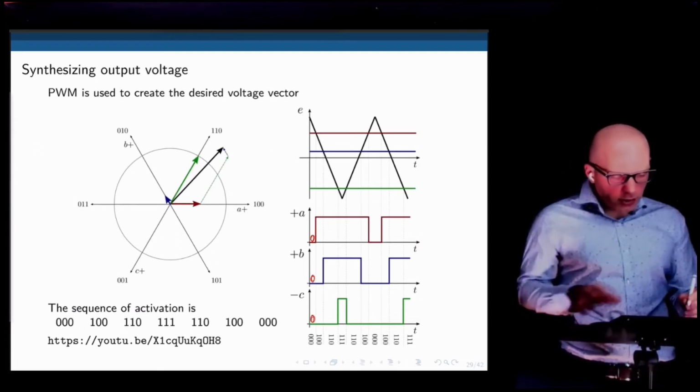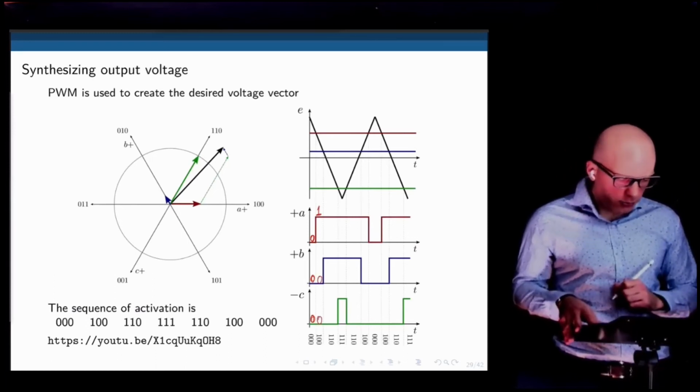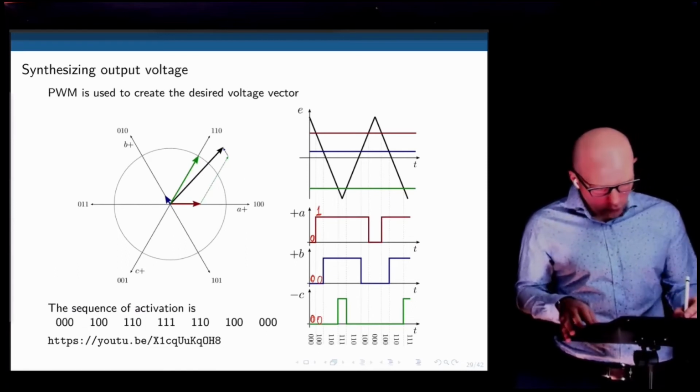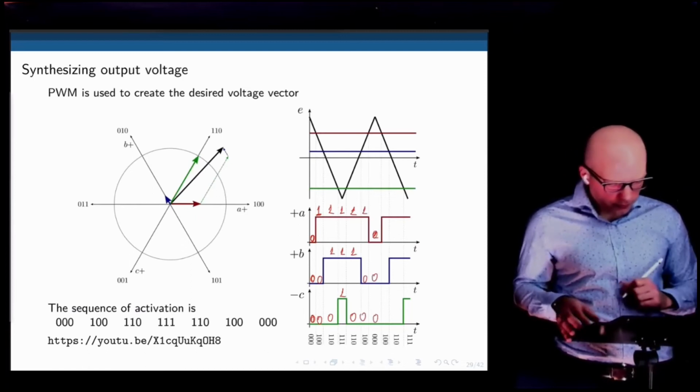When you move on, now A goes to 1, B remains 0, C remains 0. Moving on to the next phase, we have 1, 1, 0. Once again, moving again, 1, 1, 1. And again, 1, 1, 0, 1, 0, 0, 0, 0, 0.